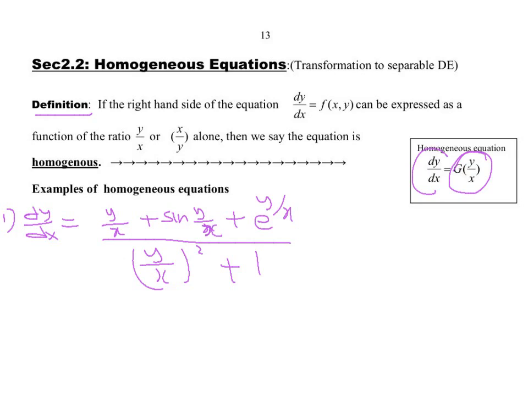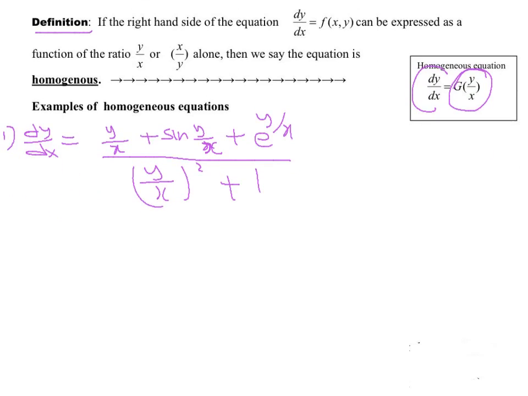All the variables are in the form of y over x. And this is a very straightforward homogeneous differential equation because we can see clearly that the right hand side is a function of y over x.